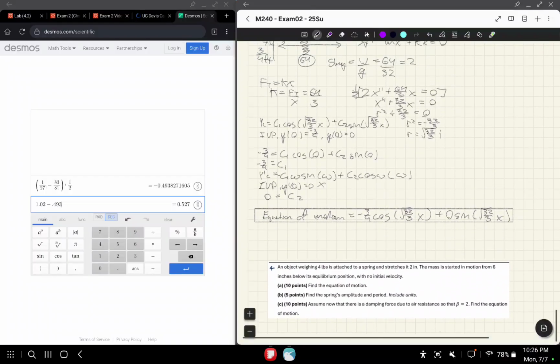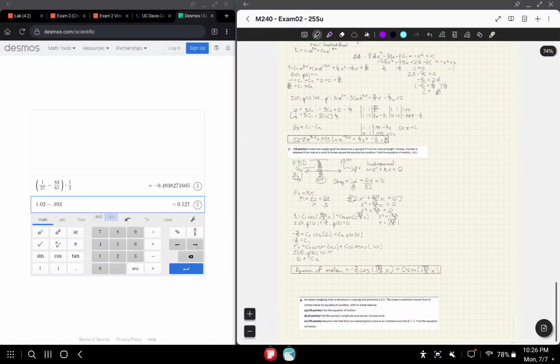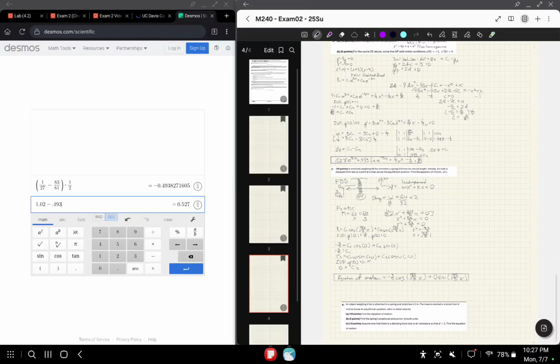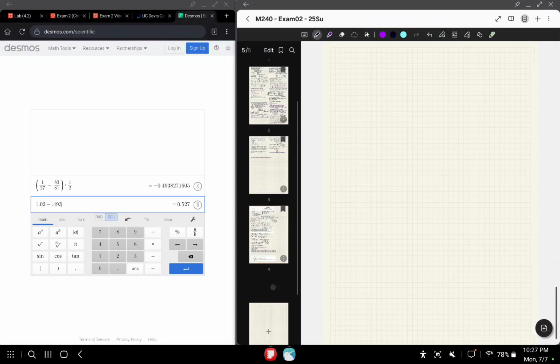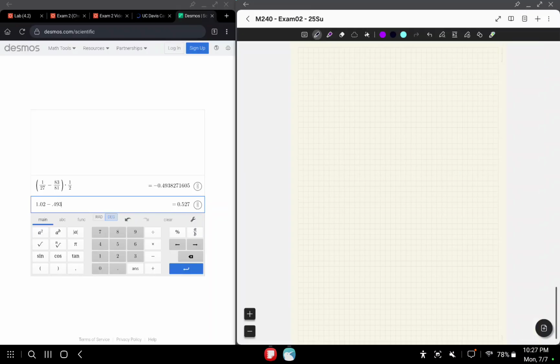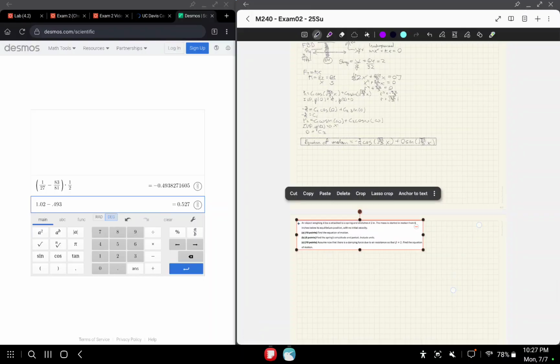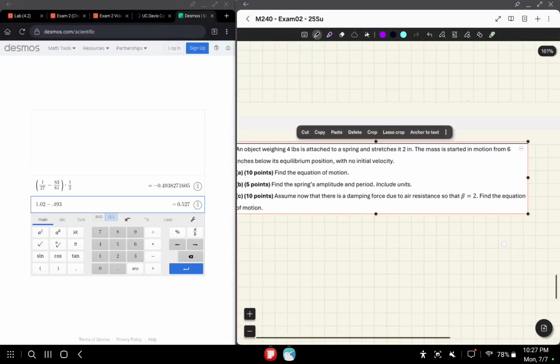Problem 4 is another wave problem. I need more space on here, one more page. Even though we did 5 first, this one is very similar.